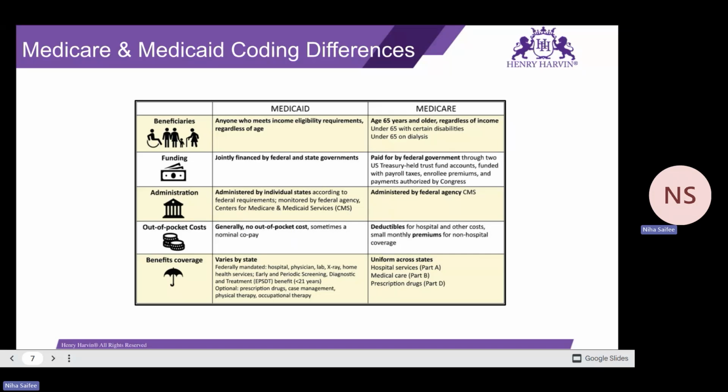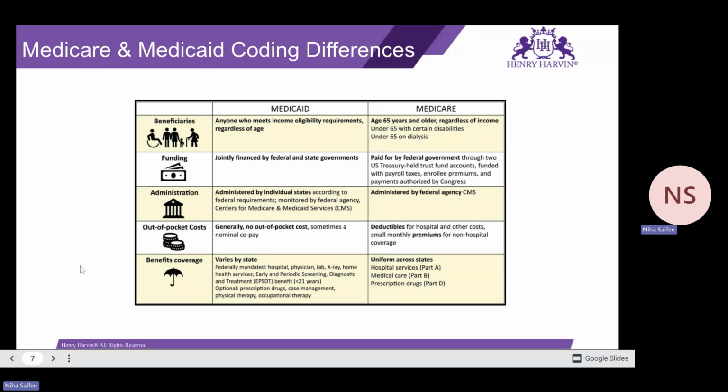Not necessarily every time they have to go to the hospital, but they always have some chronic illness for which they have to regularly visit the physician. So they have to pay a small monthly premium for non-hospital coverage, and for hospital coverage, they have to pay deductibles for hospitals and other costs.